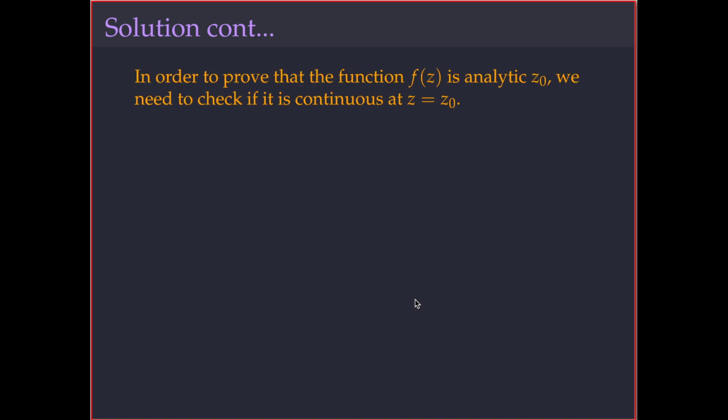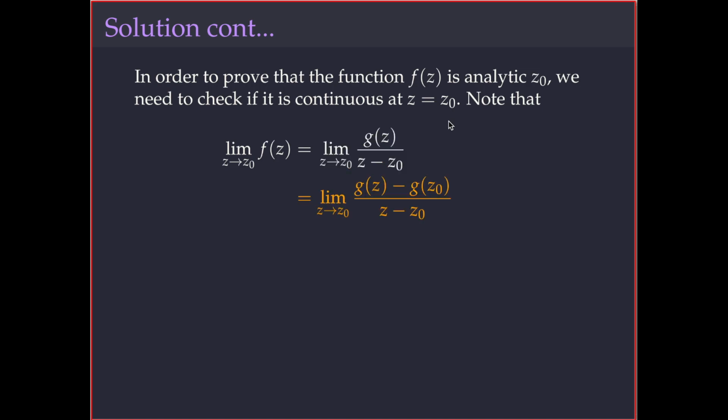As we have already seen that the extension is continuous, but let's formalize that. In order to prove that the function f(z) is analytic at z0, we need to check if it is continuous at z equals z0. So note the limit of f(z) as z tends to z0, which is the limit of g(z)/(z minus z0). We have to prove that this limit exists.